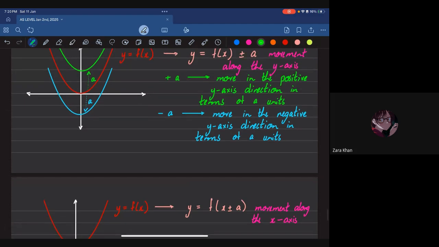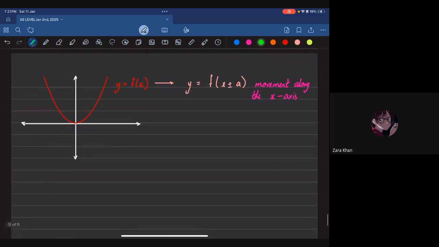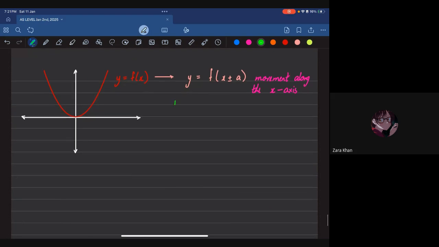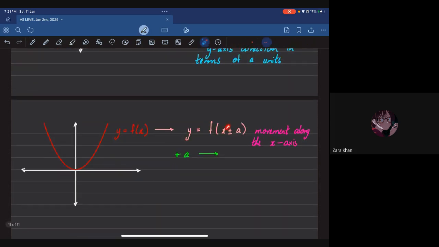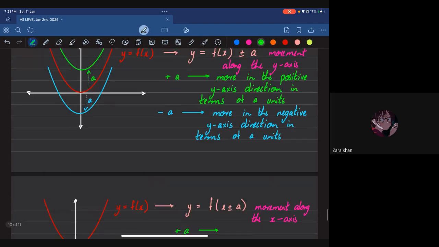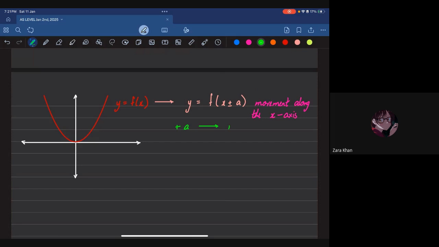Like we saw above, you could either have something add on to x, like positive a, or something could subtract from x, or you could have negative a. Whenever something is being added or subtracted inside the bracket with only x, if it's adding to x, you're going to move in the negative direction.